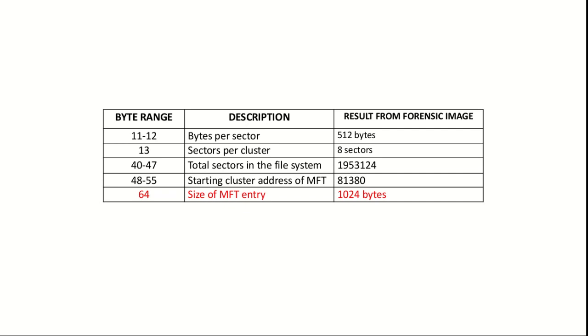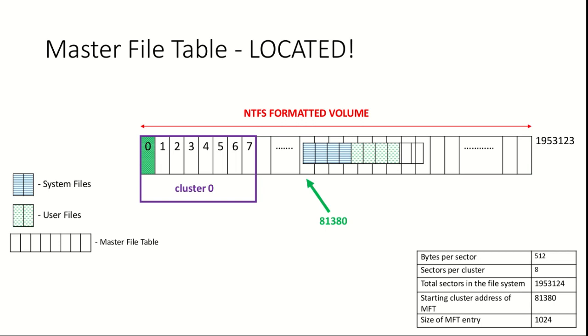Now we have all the required information. In this NTFS volume, there are 1953124 sectors numbered from 0 to 1953123. The sectors are grouped into clusters of 8.